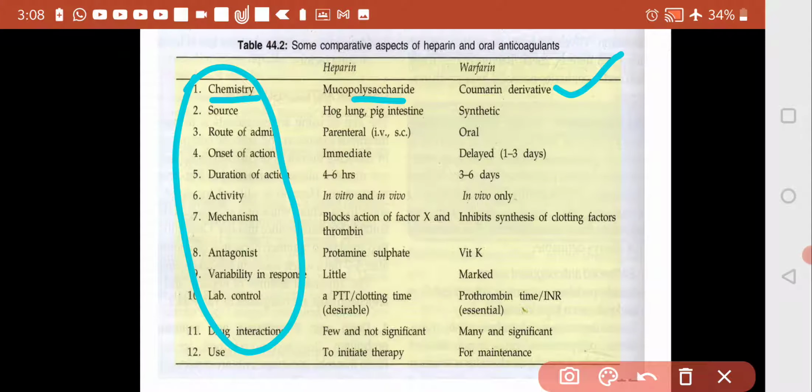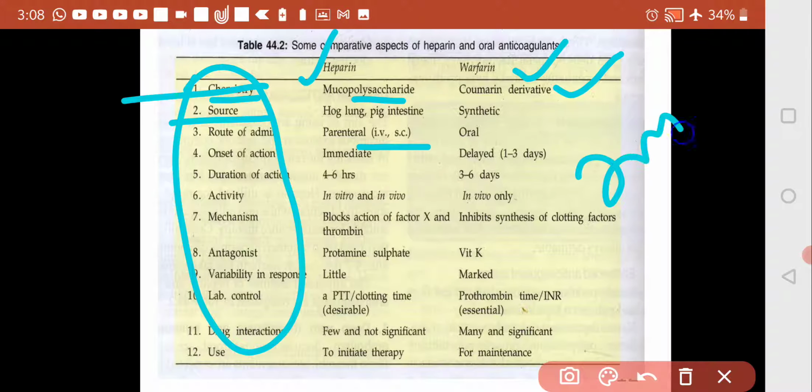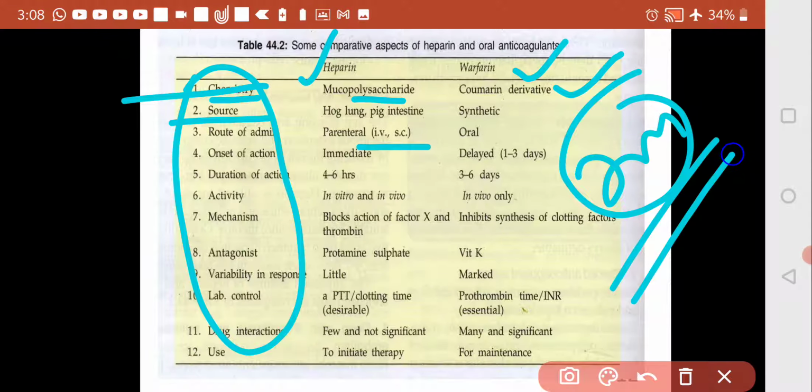Then the route of administration: for heparin it is intravenous and subcutaneous. We do not use heparin by the intramuscular route, because there are more chances of hematoma.